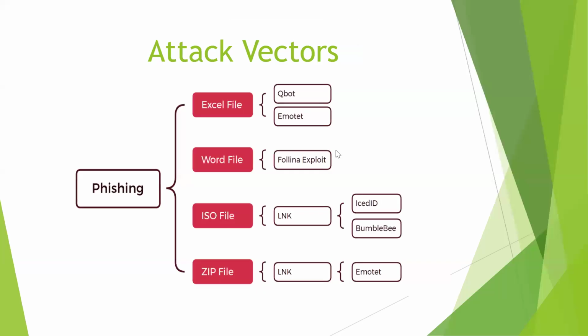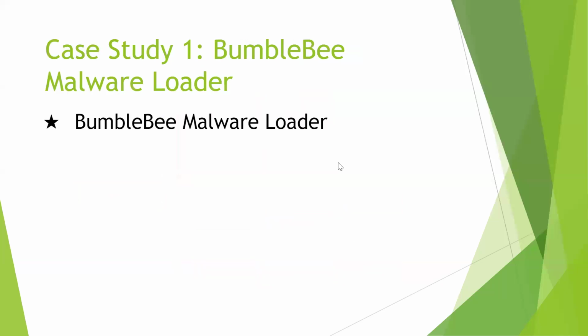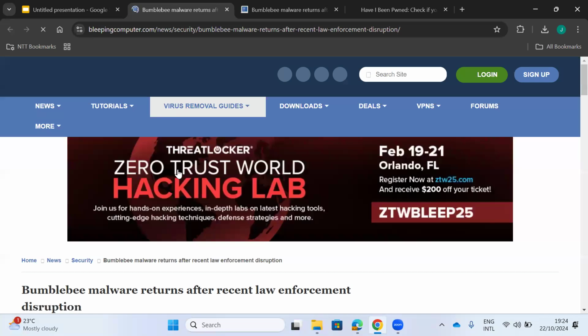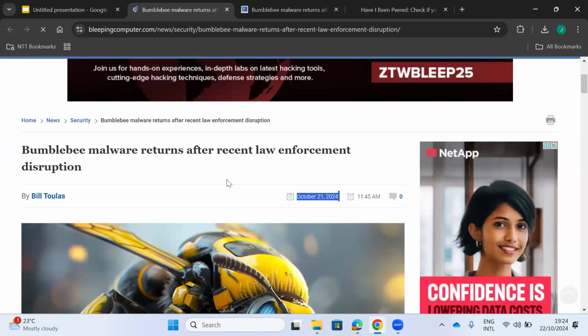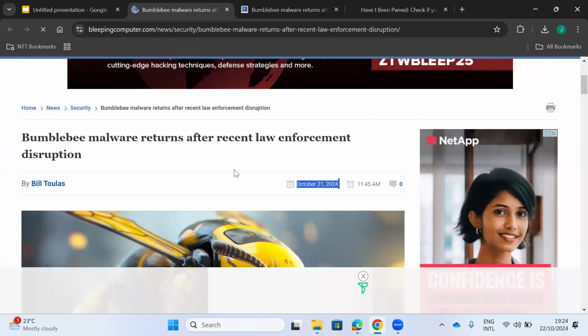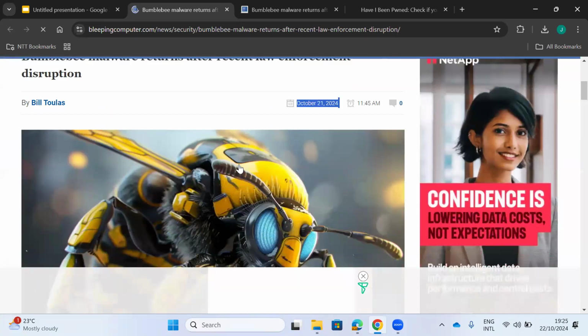So yeah, those are some of the abuse techniques that adversaries are using for Infostealers. For the case of Bumblebee, if you look at security news, this is some news that the Bleeping Computer site published yesterday.